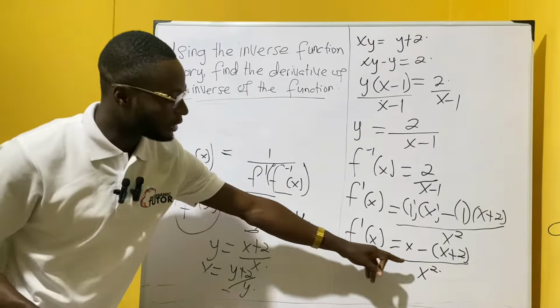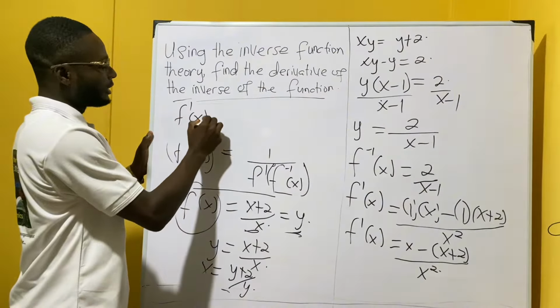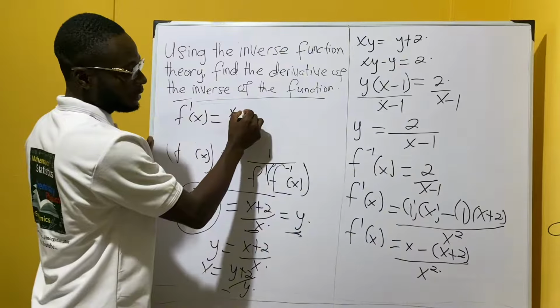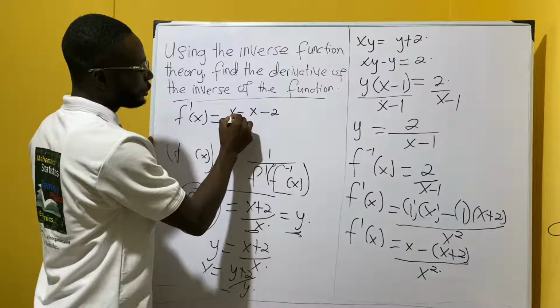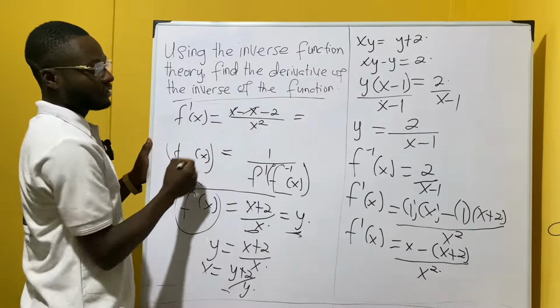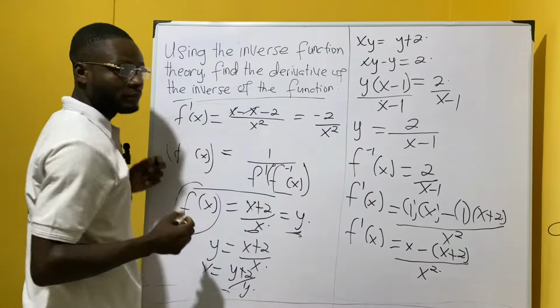So let's simplify this. When you simplify, the derivative of the function becomes x minus x minus 2 all over x squared, and this gives us minus 2 all over x squared.